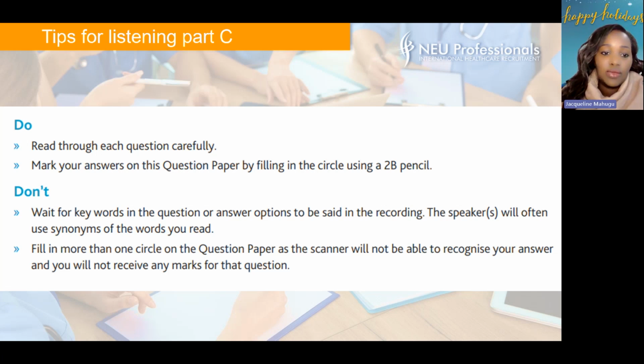Then the other thing, obviously, is do not fill in more than one circle, just like we have talked about. Part B and C of both listening and reading are marked by a computer, but part A is marked by a person, so you have to make sure that your writing is legible.